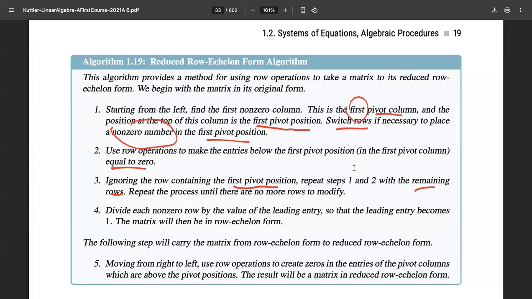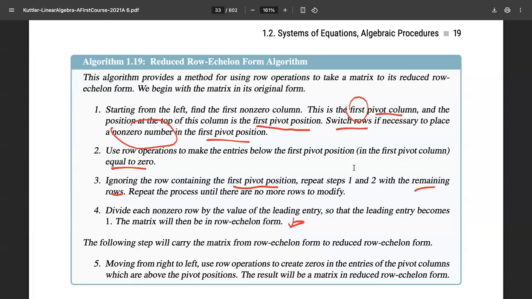And then lastly, we divide each non-zero row by the value of the leading entry so that the leading entry becomes 1. So now it's in row echelon form at the end of step 4. Moving from right to left, we use row operations to create zeros in the entries of the pivot column above the pivot positions.